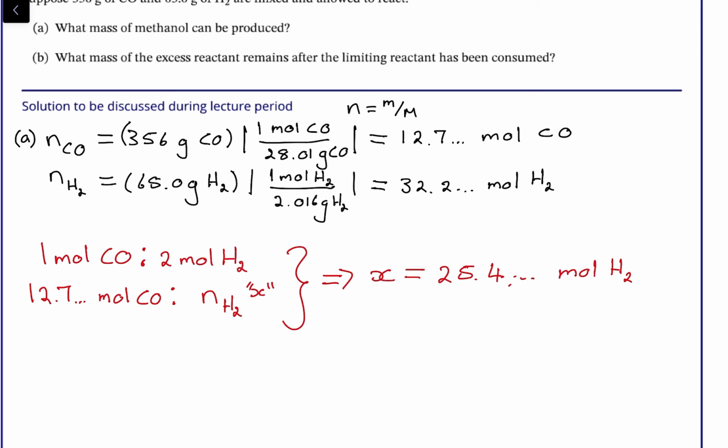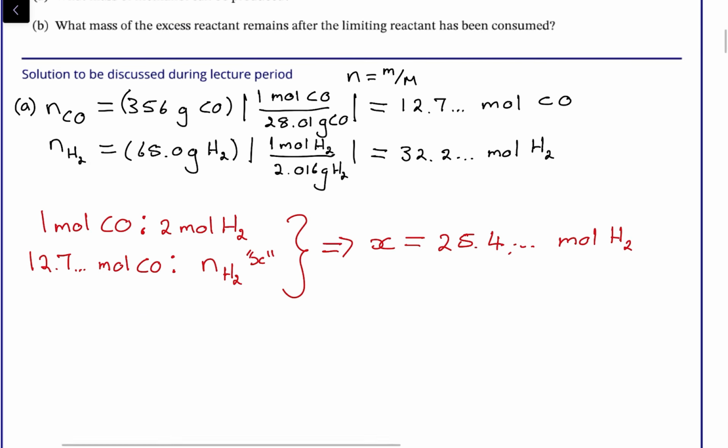H2. This is just a check that I'm doing here. Because the 2 goes to that side, the 1 goes to that side. And that gives you that for 12.7 mole CO, you need only 25.4 mole hydrogen. So that's how much hydrogen we need to react with 12.7 mole CO. How much hydrogen do we have?